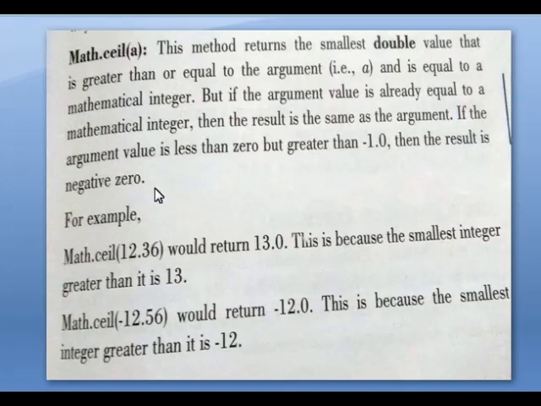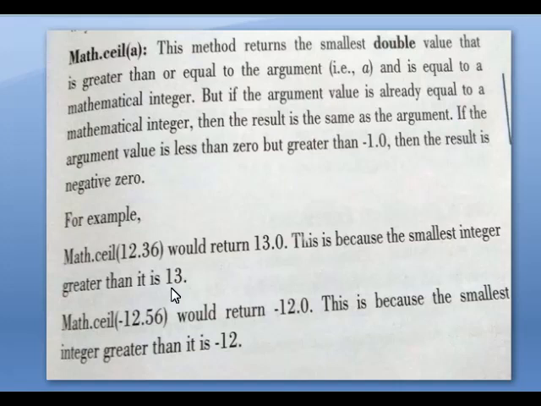For example, Math.ceil of 12.36 will return the value as 13.0. So if it is a positive argument, whether the number after the point is greater than or equal to or less than 5, it will round off to one value greater than it. This is because the smallest integer greater than that is 13.